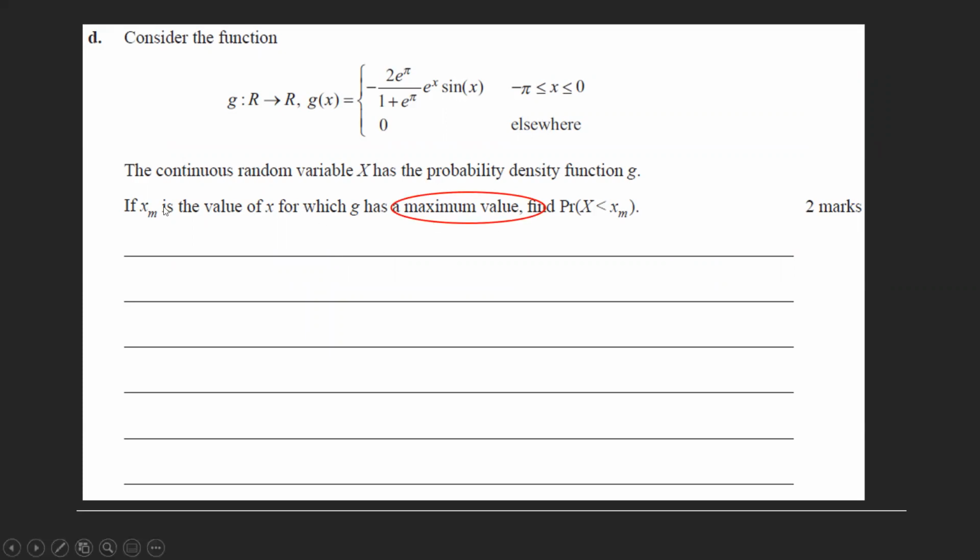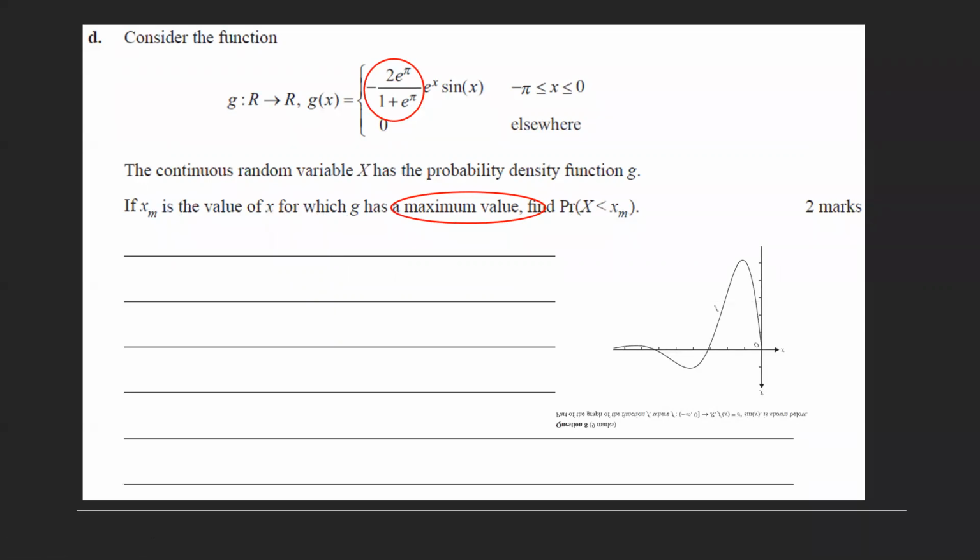Maximum value. Okay, x_m is the value of x for which g has a maximum value. Find the probability x less than small x_m. Okay, now I talked about a reflection and some sort of dilation, as indicated by this constant here. You might wonder, why did you put an inverted graph here?